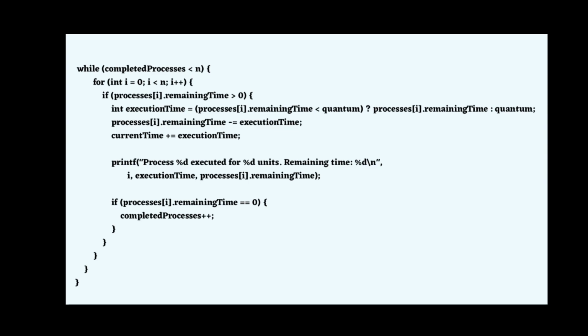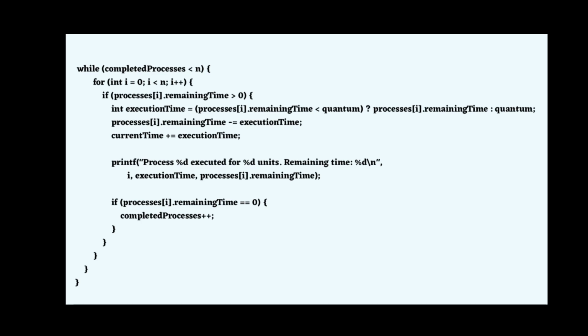In this for loop we check a condition: if processes[i].remaining_time is greater than 0, int execution_time is equal to processes[i].remaining_time if it is less than quantum, or else quantum. Now processes[i].remaining_time minus equal to execution_time, and current_time plus equal to execution_time.